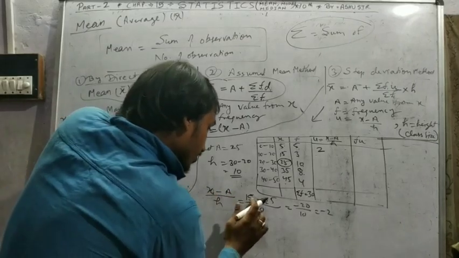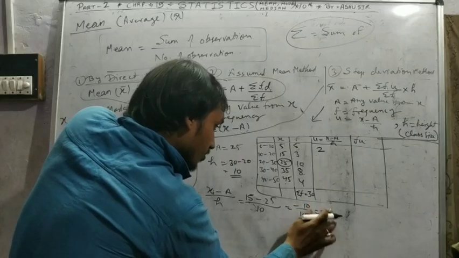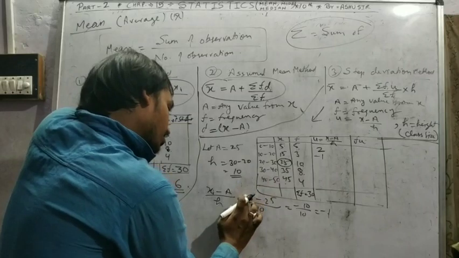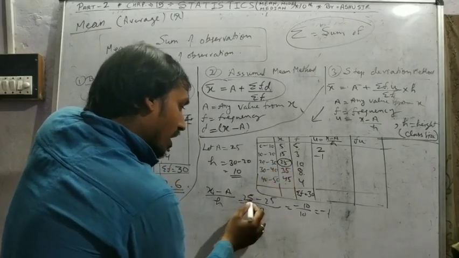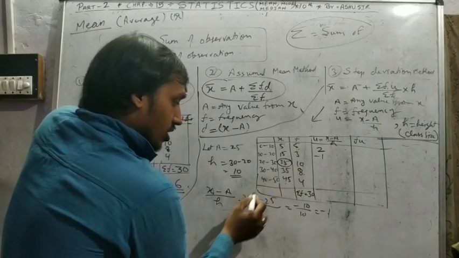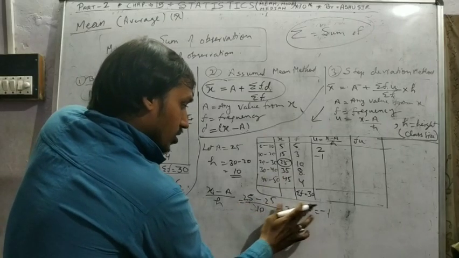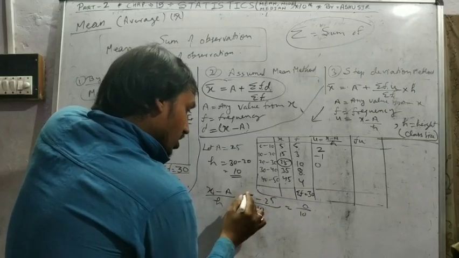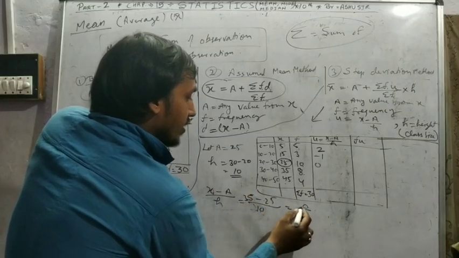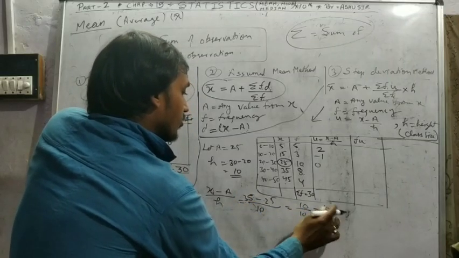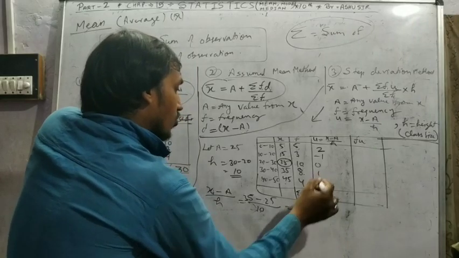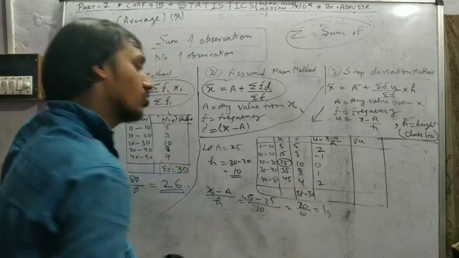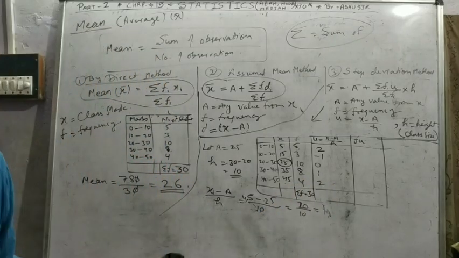Then you get minus 1. Again x changes: 25 minus 25 for the third, 0 by 10. Again x changes: 35 minus 25 by 10, 1. Again 45 minus 25 by 10, 2. So you got the values of u.